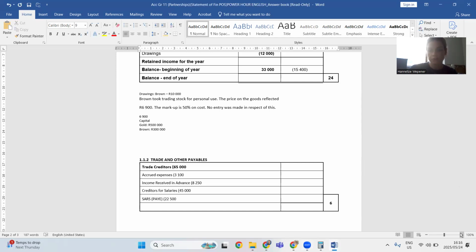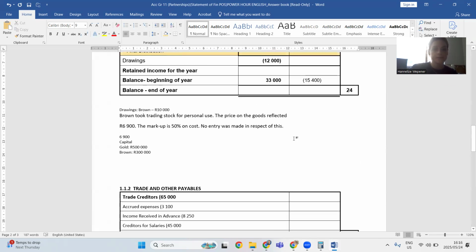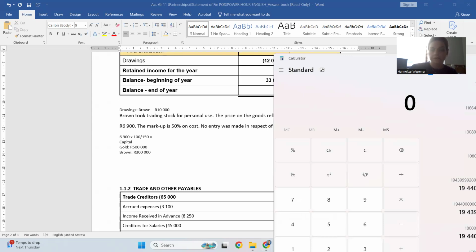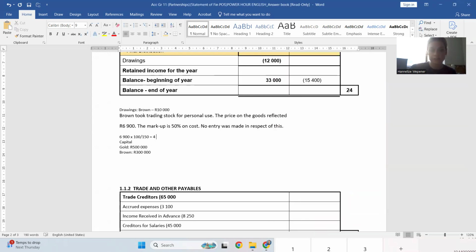Therefore, I now have to go and let me just make this a bit bigger. I have to calculate my cost of sales. You should by now be able to calculate cost. Okay, so it's the selling price times what I want, the cost. I'm working with the selling price, so it's 4,600 Rand.